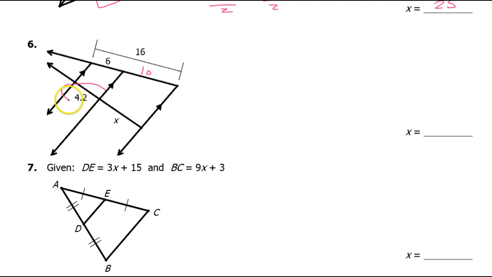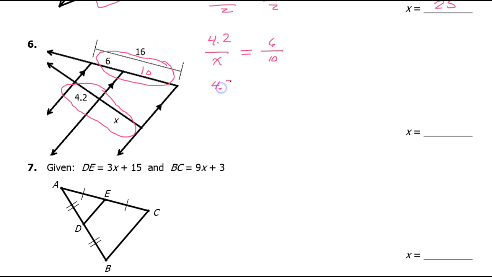So, according to the side-splitter theorem, these segments will be proportional to these segments. So I can just make fractions out of these. So, for example, I can write 4.2 over x is going to equal 6 over 10.